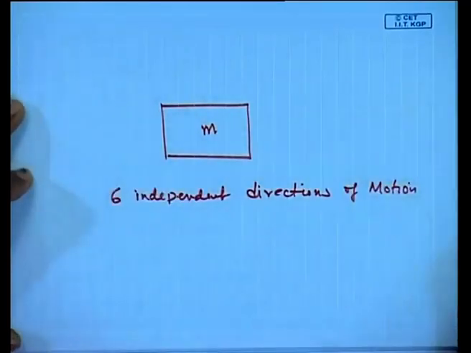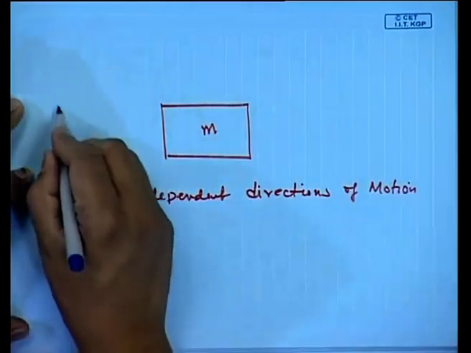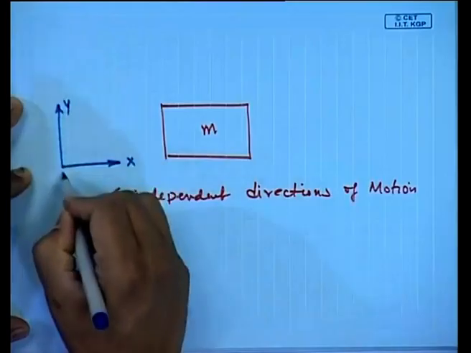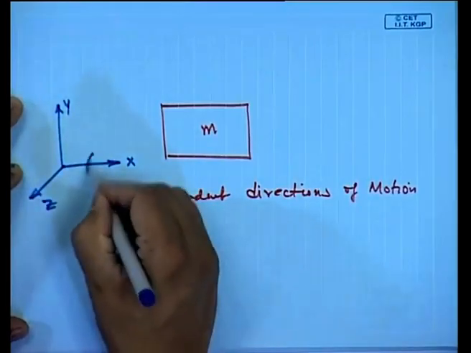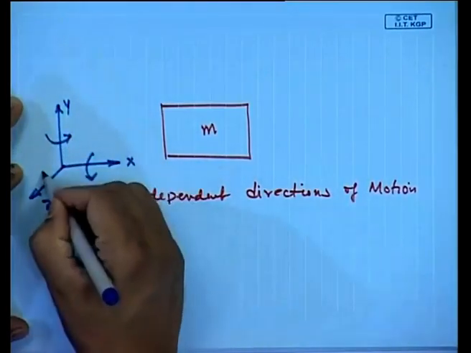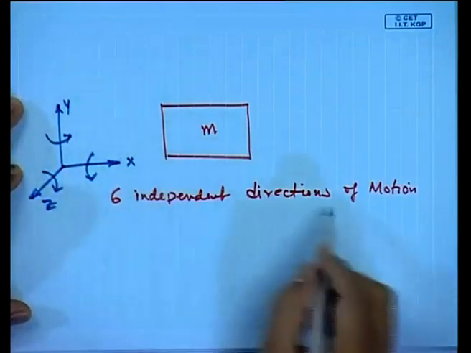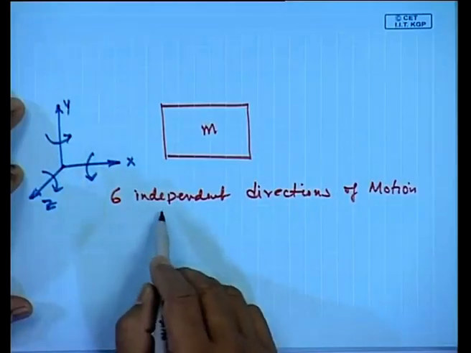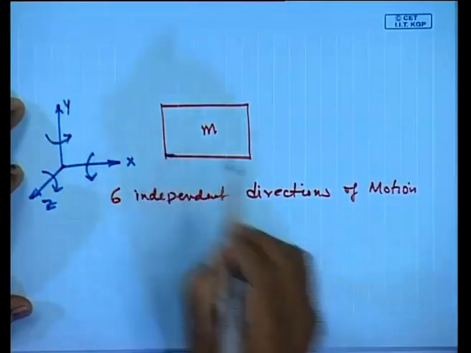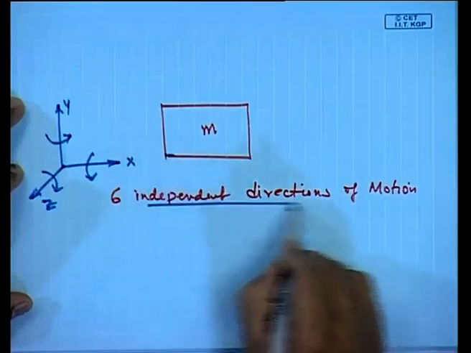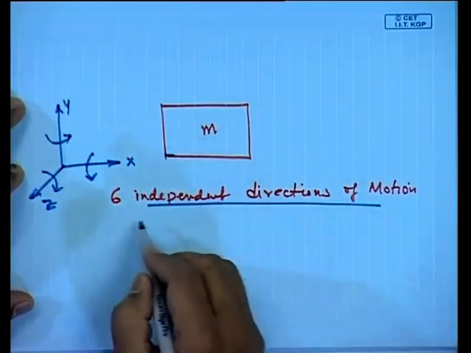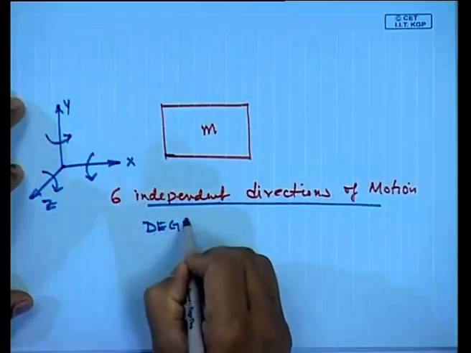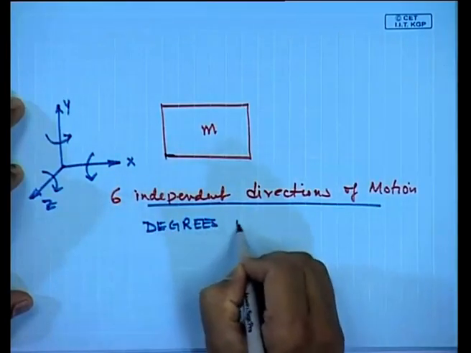So, there are 3 translations and 3 rotations altogether, 6 independent directions of motion, and such independent directions are known as the degrees of freedom of this body.